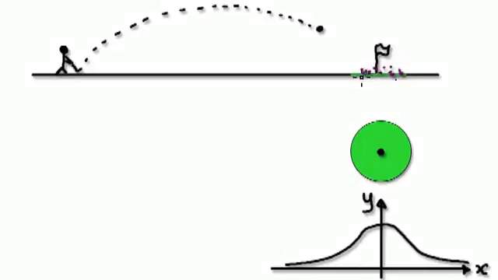Once in a while you probably get one around here, or around here. But overall, most of the time you're going to land around where you're aiming at. So after a while you're going to get a bell-shaped curve like this.